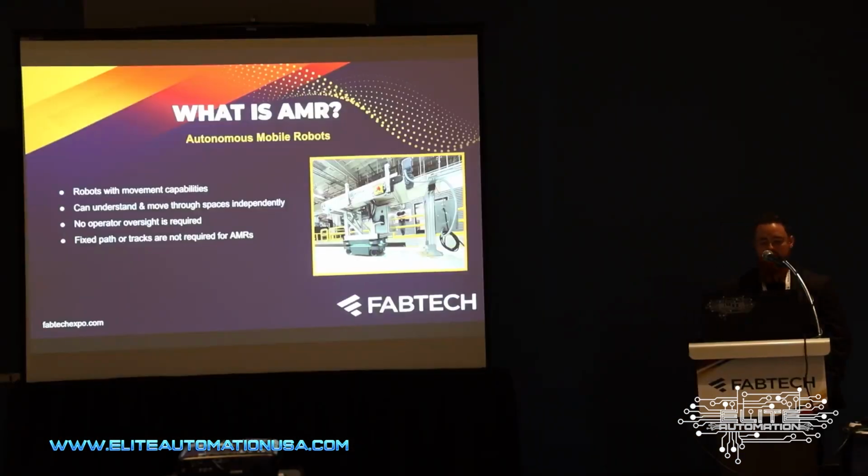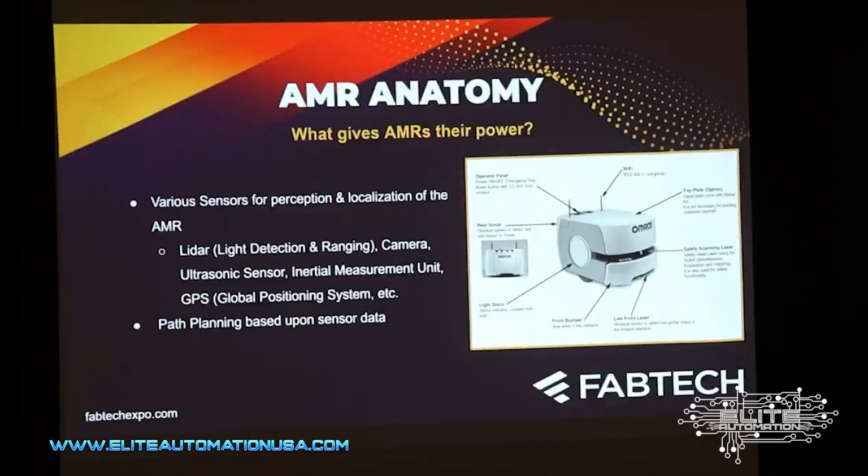Now, a lot of people have heard of AGVs, which have been in the market for a very long time, but they don't have the flexibility the way an AMR does. So the primary difference between an AMR and an AGV is it gives you the ability to adjust its pathing on the fly. The way AMRs are able to do this is they're more of an autonomous vehicle.